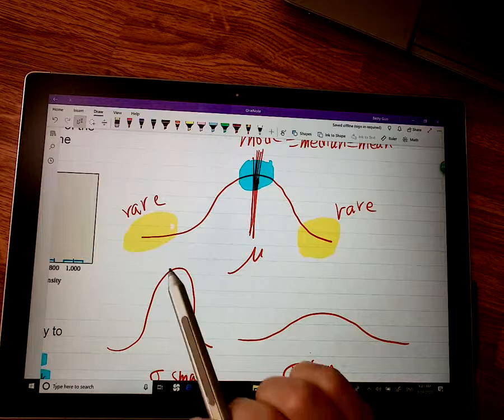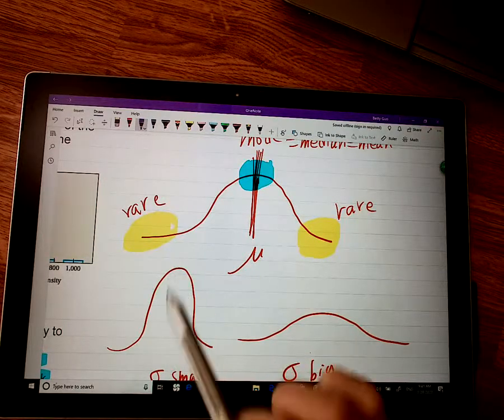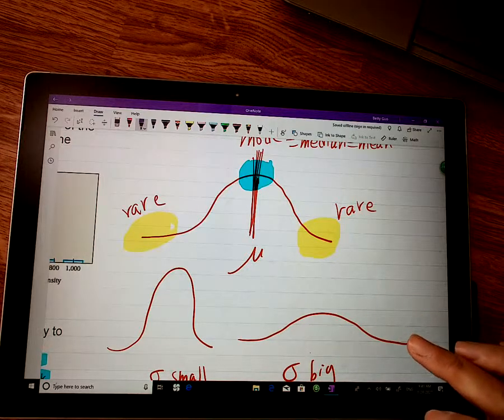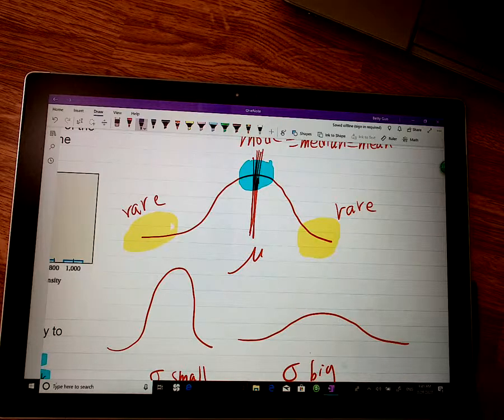Now we know the center: mean, mode, median. The center is the peak. For the variation, we learned the measurements of variation in a previous video. We know standard deviation is one way to measure the variation of a distribution.